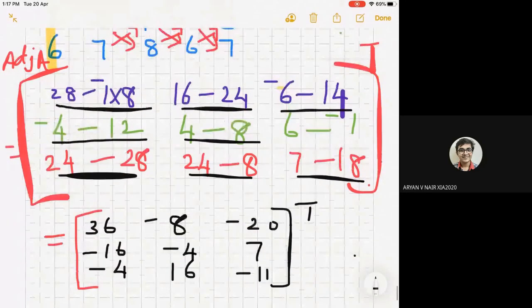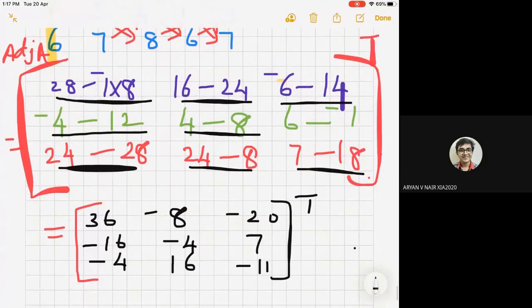Again you can do it. 28 plus 8, correct, 36. 16 minus 24 minus 8, minus 6 minus 4 minus 20, minus 4 minus 12 minus 16, 4 minus 8 minus 4, 6 plus 1 is 7, 24 minus 8 is 16. Then its transpose.